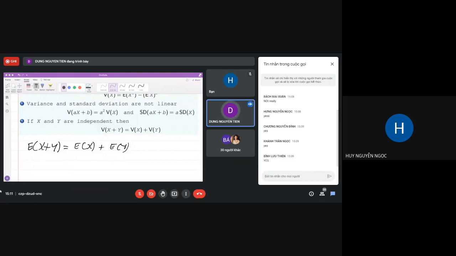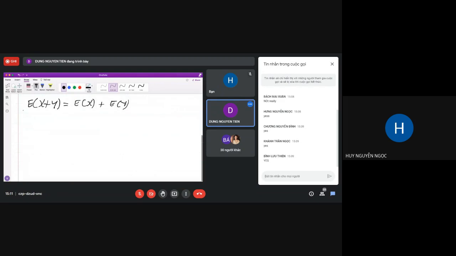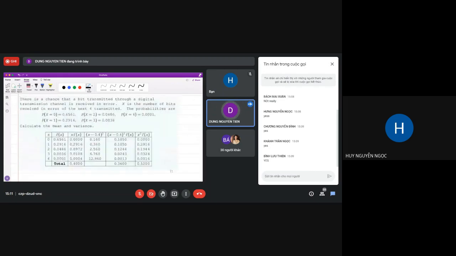Let's have a look at the following example. There's a chance that a bit transmitted through a digital transmission channel is received in error. Suppose that x is the number of bits received in error of the next four bits that you transmit.